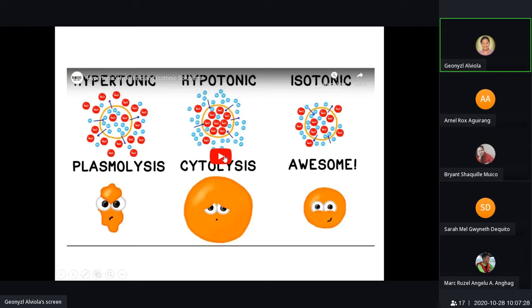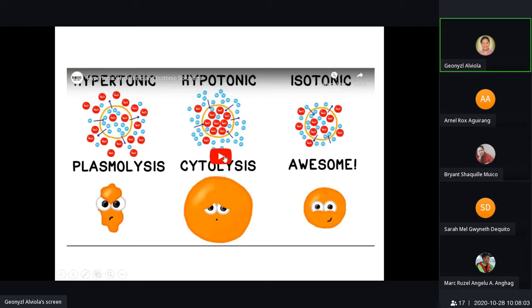Ito yung nakapa-attract sa water because water is a greatest pupunta dahil maraming solute ng cell compared sa labas.